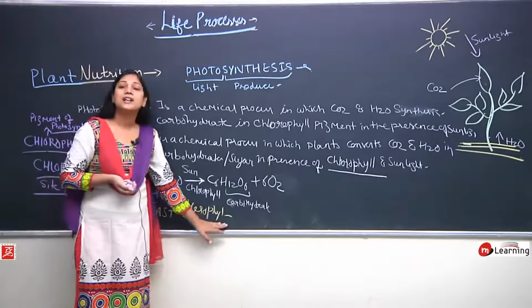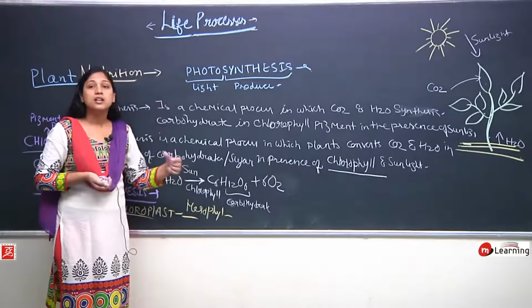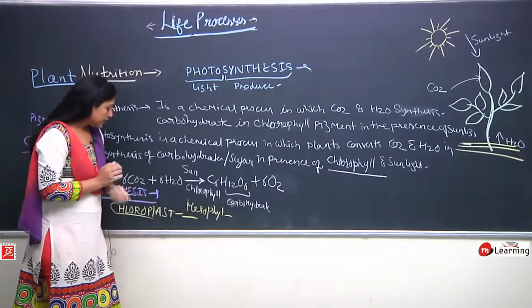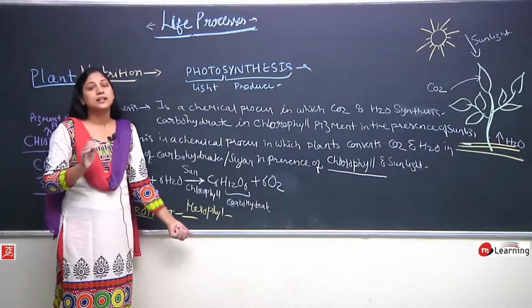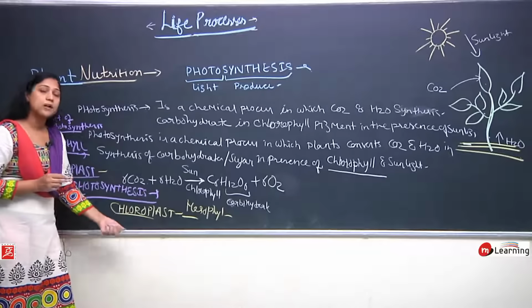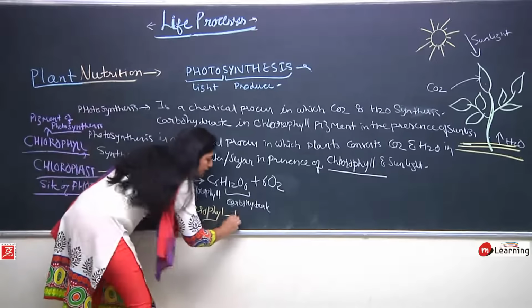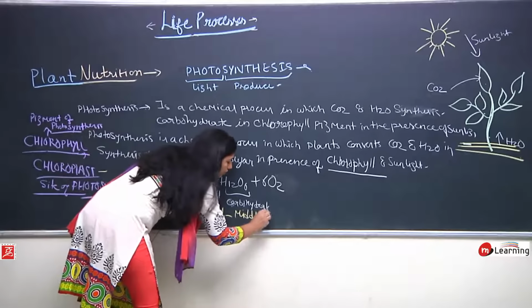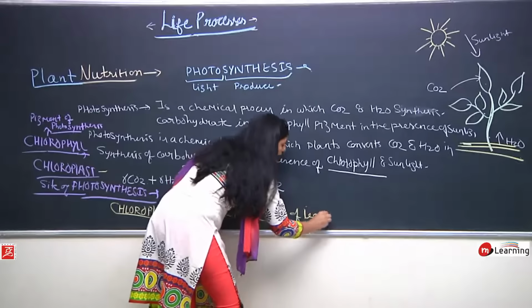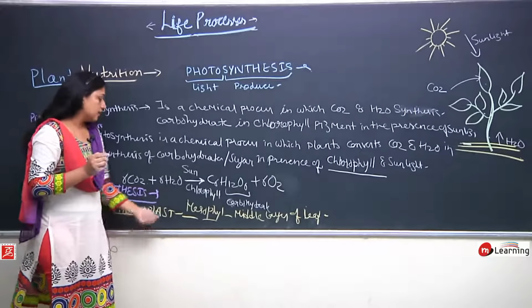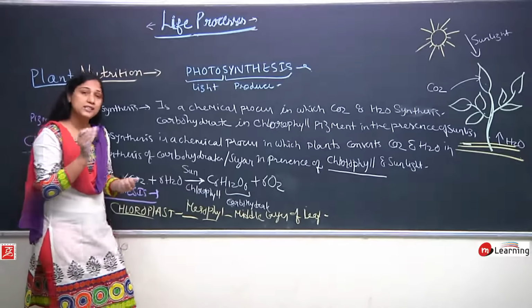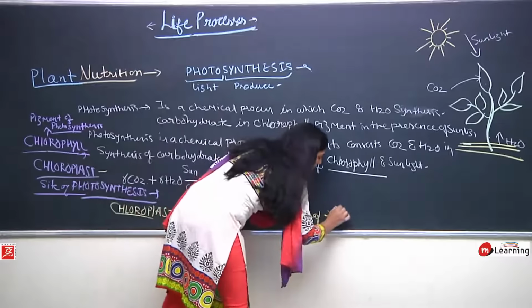So the mesophyll layer is the middle part which has the chloroplast in its cells. The lower layer is also an epidermis. So the chloroplast occurs in the mesophyll layer, which is the middle layer of the leaf.